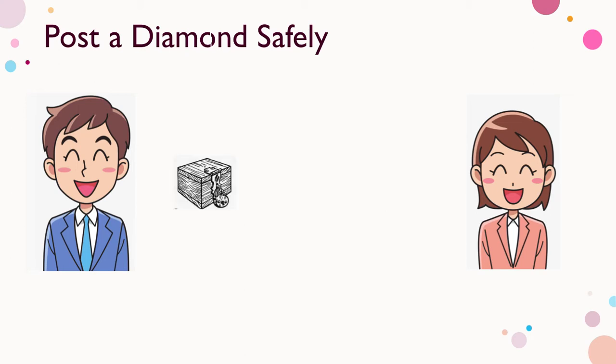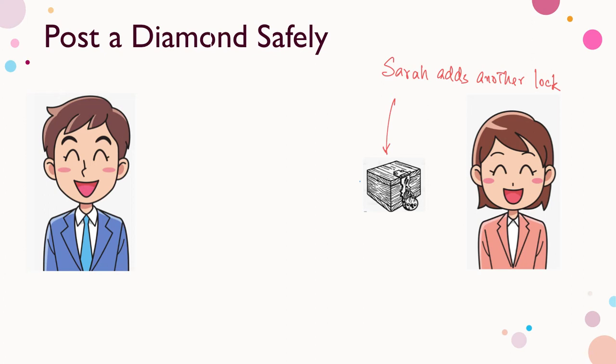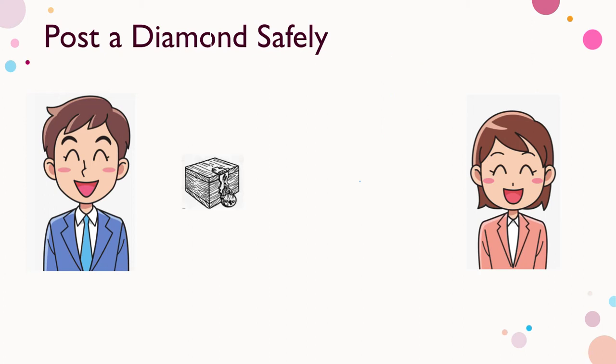The box is locked by David and it is sent safely to Sarah. Sarah cannot open the box as she doesn't have the key. What she does is to add another lock to the box and send it back to David. The box is double locked. The diamond is safely kept inside the box. David removes his lock with his own key.